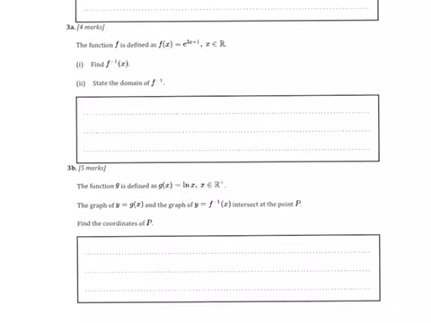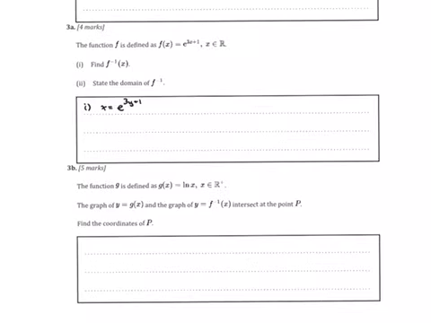So number 3, quite a few parts here. I'm going to start with part A, obviously. I'd asked for the inverse of the function f of x, which equals e to the 3x plus 1. In finding the inverse in part 1, what I would do is just change the variables for x and y and solve for y.